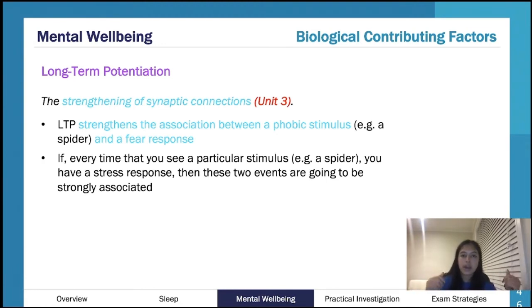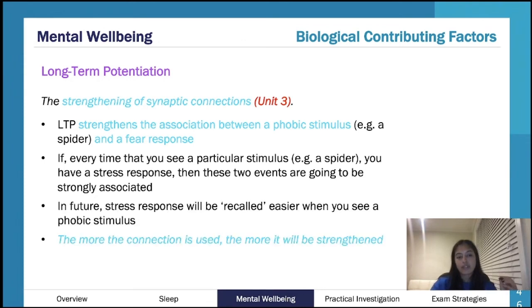For example, a spider: if you've got arachnophobia, in your brain you've got fear and you've got spiders, and long-term potentiation is making an extremely strong pathway, or multiple strong pathways, that connect these two. And every time you think of them, these pathways are fired and just get strengthened and strengthened. That's basically consolidating that fear.